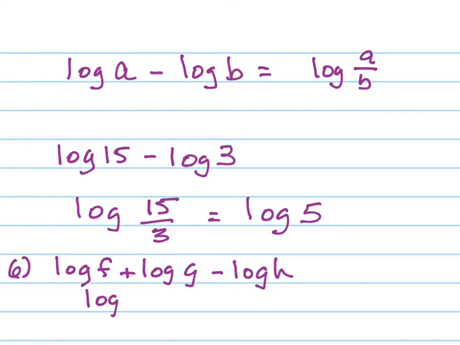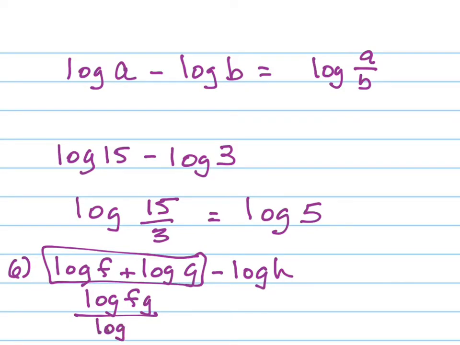That simply becomes the log of fg, in other words, we multiply those two together, divided by h. And of course, since these are not numbers, you can't really divide them. But if they were numbers, you could go ahead and simplify by doing the division, if you can. You can't always do the division. Okay?